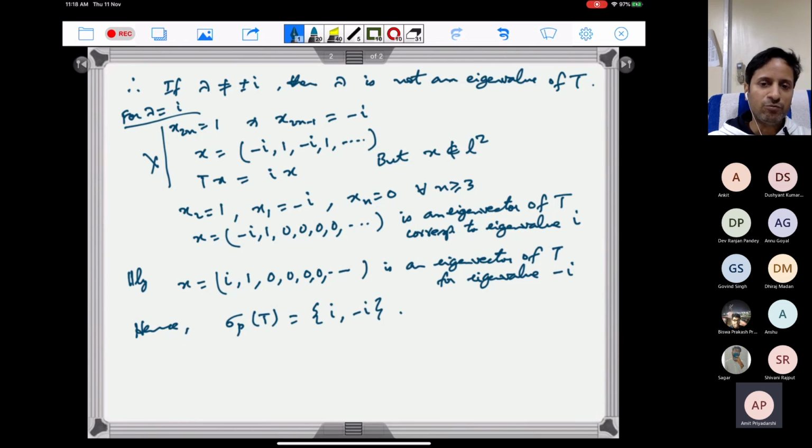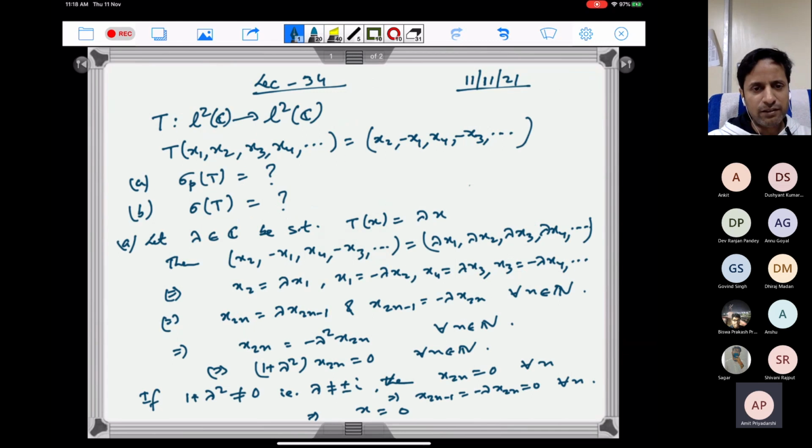So one has to do this in the quiz, probably I am not cutting marks, but to show that something is an eigenvalue, you must find an eigenvector. Then only you are sure that okay, that is an eigenvalue. Just because you say that other than this there is no eigenvalue doesn't mean that this is an eigenvalue, right? So your argument should be complete.